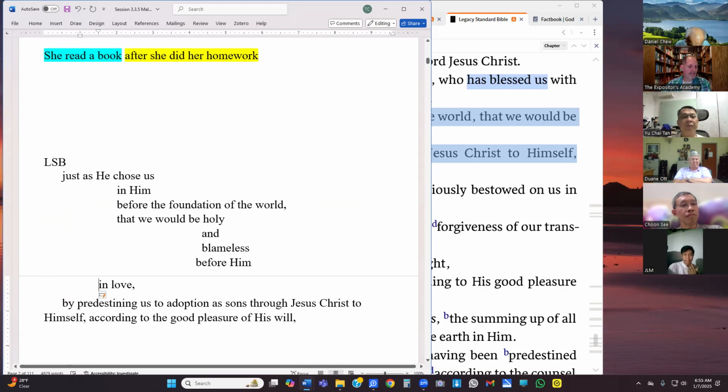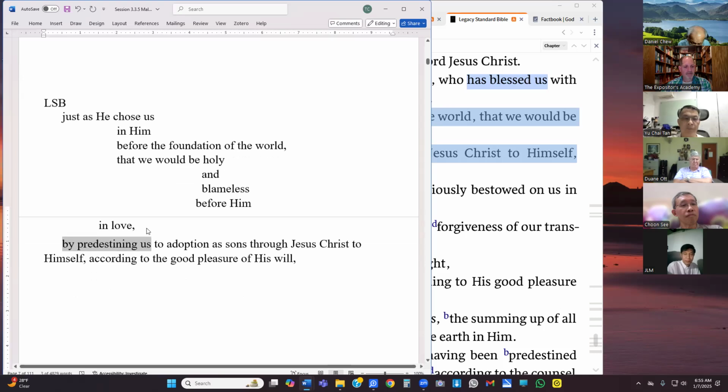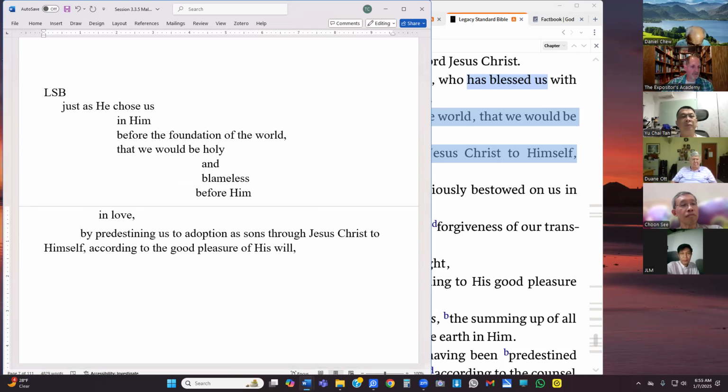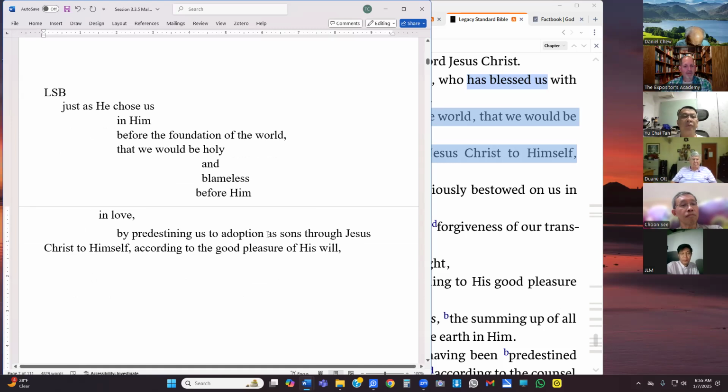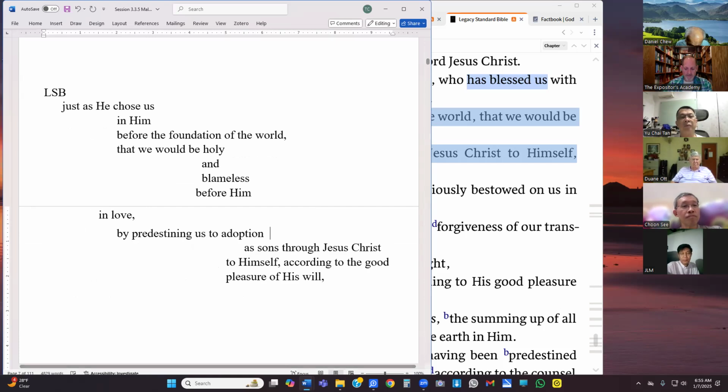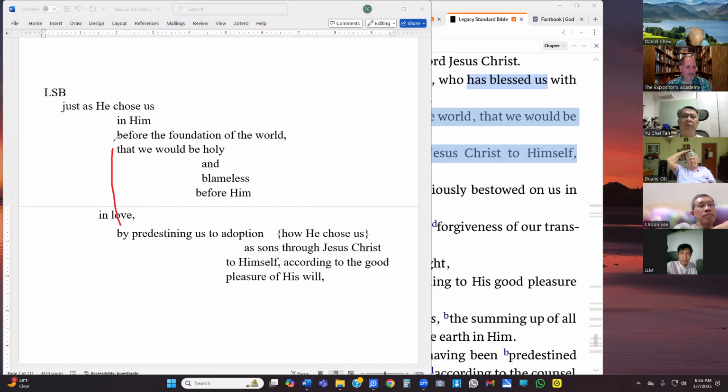But notice this, by predestining, now doesn't stand alone. It's dependent. It's a modifier. And I would say it modifies, yeah, I think you said it. How? By predestining us to adoption. So it's telling us how he chose us. I put it under chose. So all of these are modifying chose.